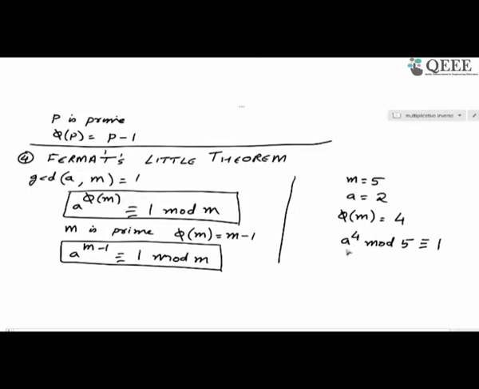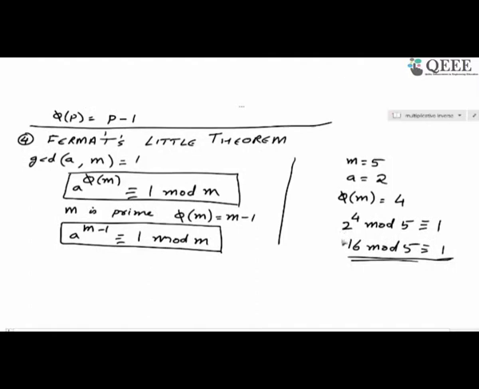So remember that A is 2, so we can just put 2 here. So 2 to the power of 4 is 16 mod 5. When you divide 16 by 5, it leaves a remainder 1. So we can actually write something like this, right? So please remember this theorem because it's the most important theorem which will be coming up several times today.